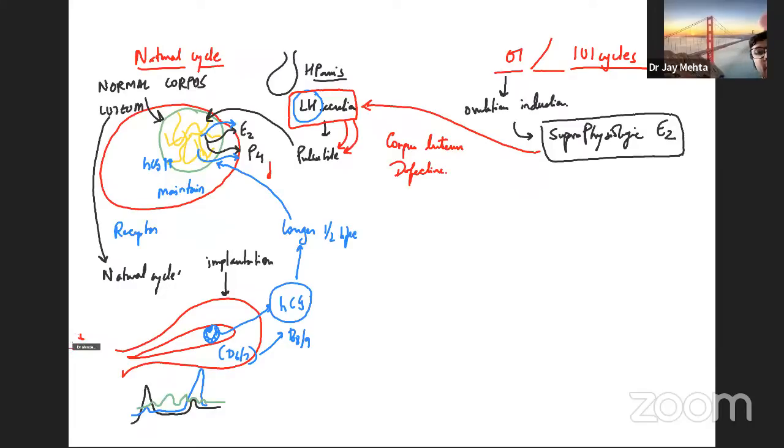There will be a drop in the progesterone, which will cause a drop in implantation, which will cause a loss of pregnancy, or which will cause a pregnancy to never happen. As a result of this entire understanding of physiology, we use something called luteal phase support. Okay, this is the basis of anybody using luteal phase support.